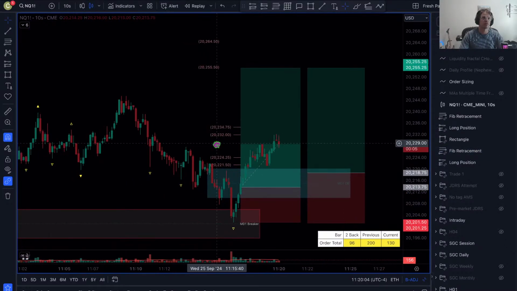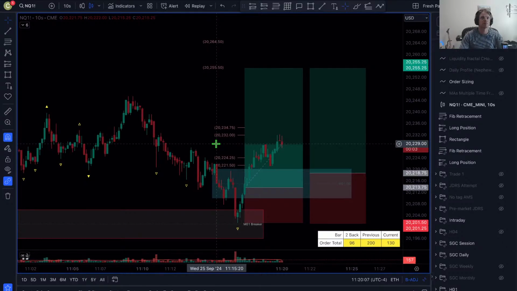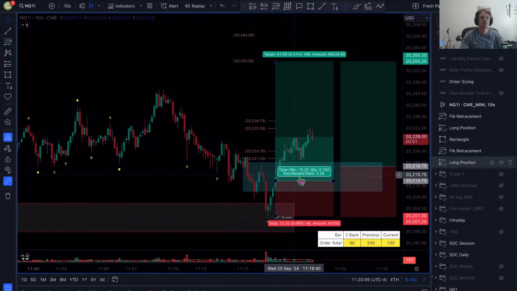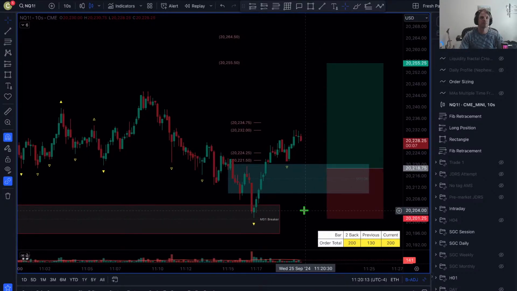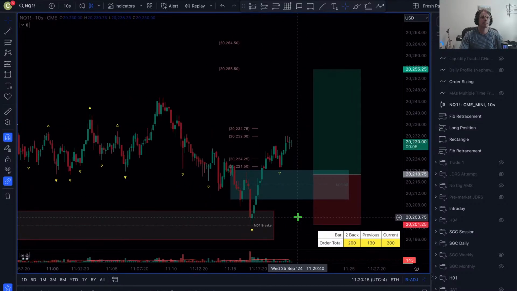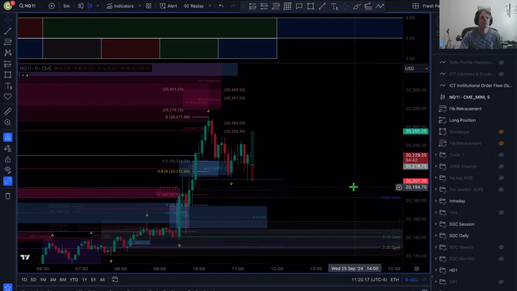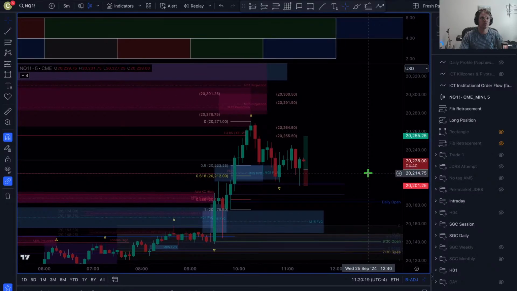Fourth projection of S10. So let's not get greedy here. Yeah, so it's pretty strong close on the 5-minute liquidity sweep there too.